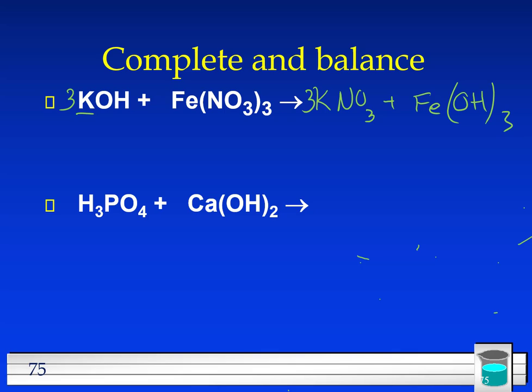Okay, the positive pieces are going to change place. The positive pieces are the H and the Ca, and they're going to swap places. So the H won't be next to PO4 anymore. It will be next to OH. Hey, that looks familiar.